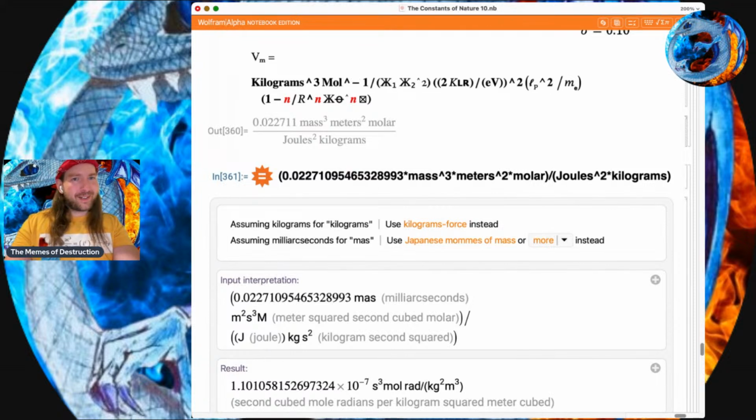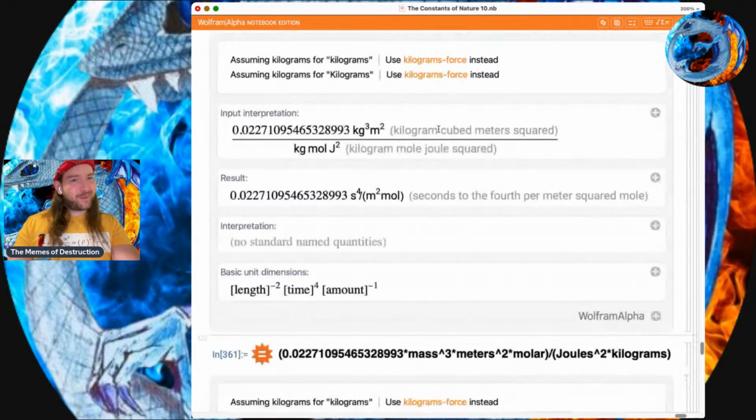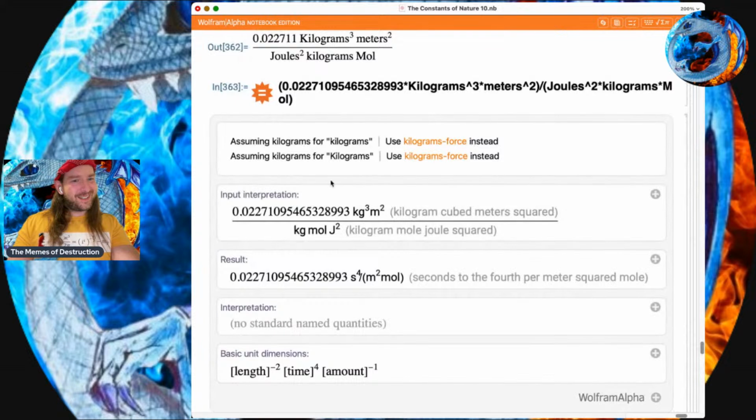I think we already did this. Let's see. Looks like it might be somewhat more appropriate. Okay, alright. Length 2, so we need... Is that length and time to balance out? Okay, we got the right amount there. So we have molar volume.